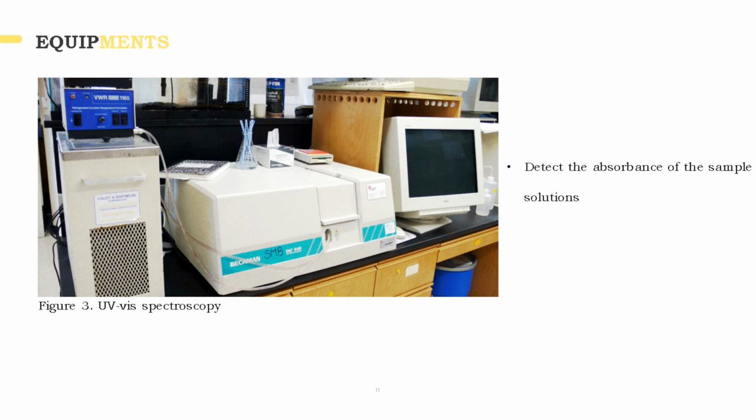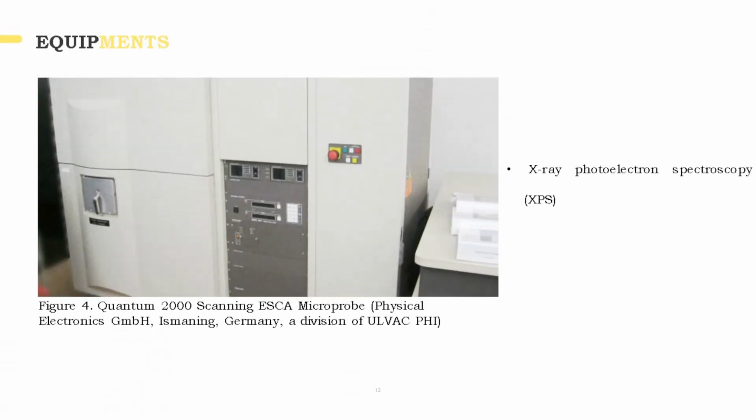It is used to detect the absorbance of the sample solutions. Third, Quantum 2000 Scanning ESCA Microprobe from Physical Electronics GmbH, Ismaning, Germany, a division of ULVAC PHI. It is used in X-ray photoelectron spectroscopy.